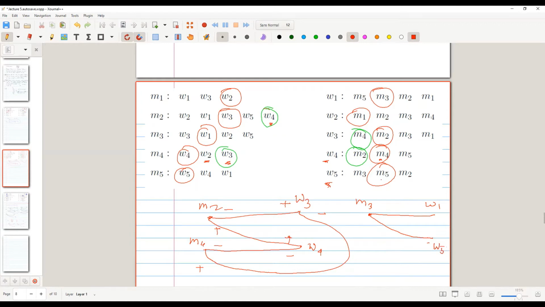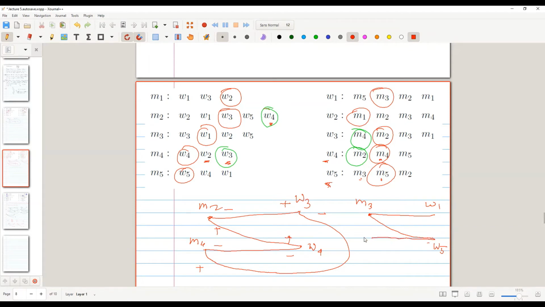Now W5 is matched with M5. In W5's list, M3 is better than M5, so the M3 W5 edge is added.